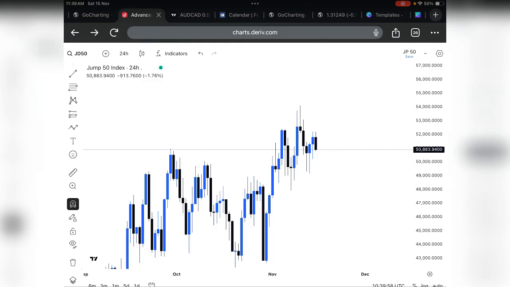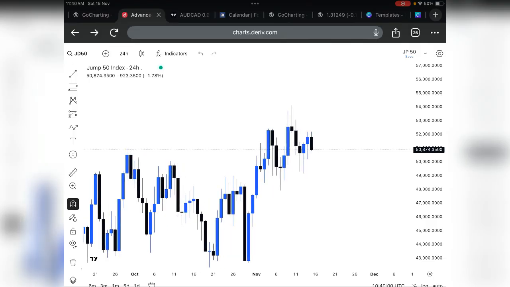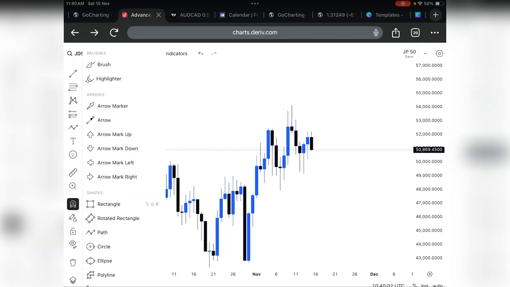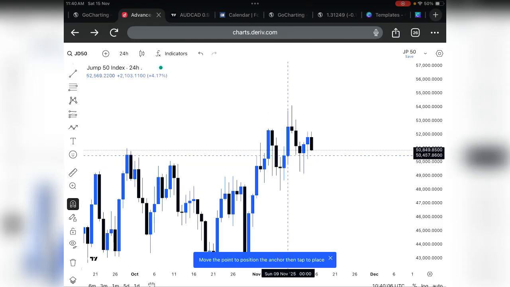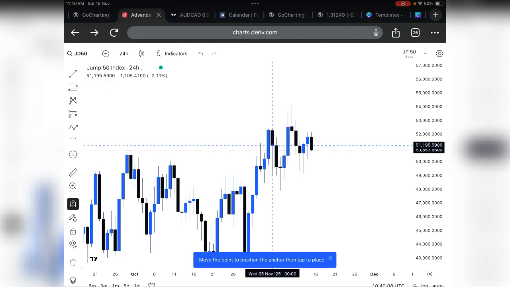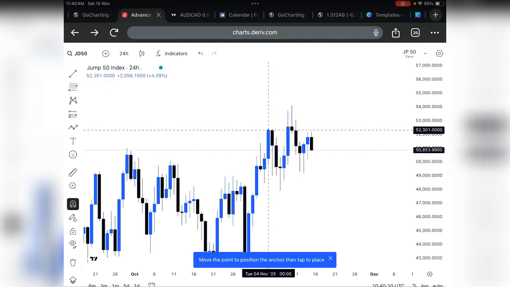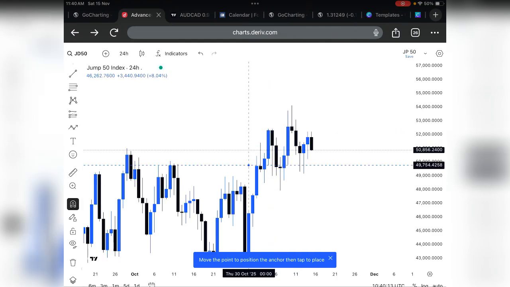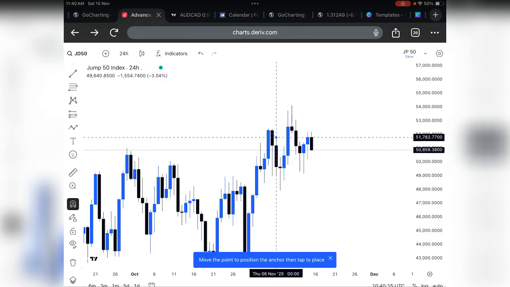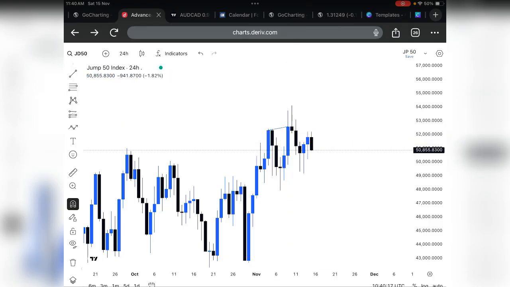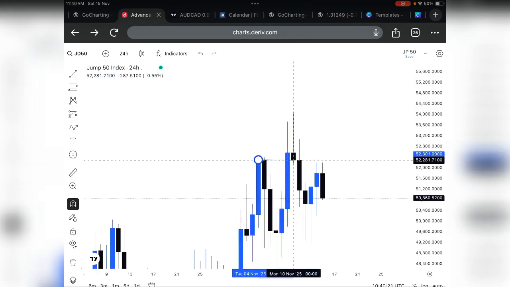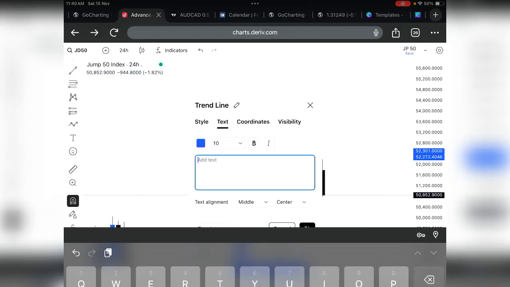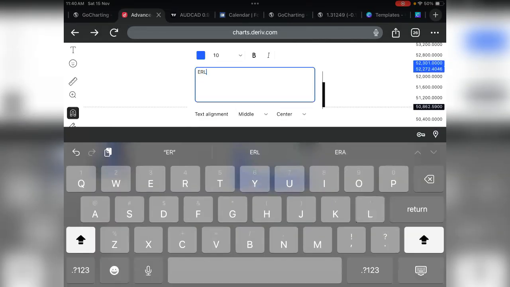The phase that we are in. Now you see that when the market took out this external range liquidity, what did you see then?